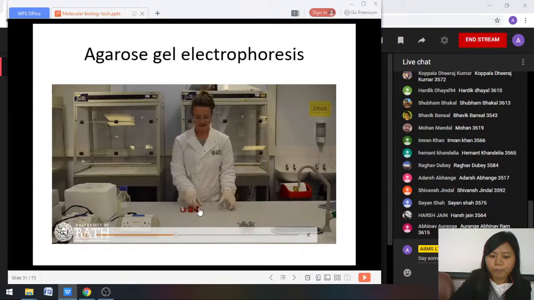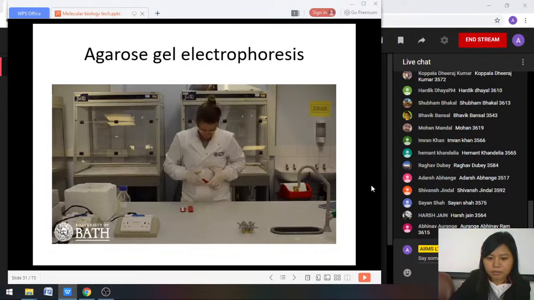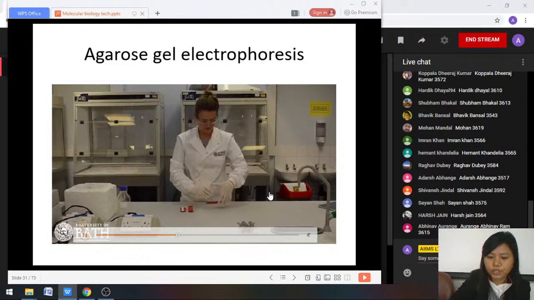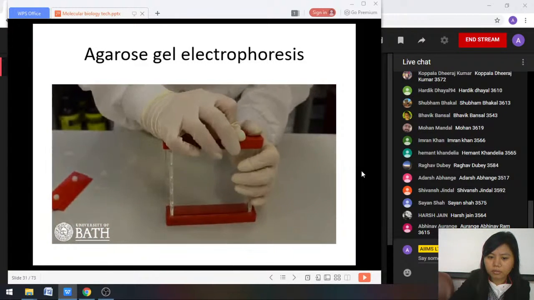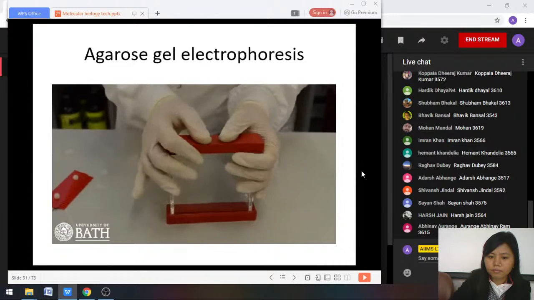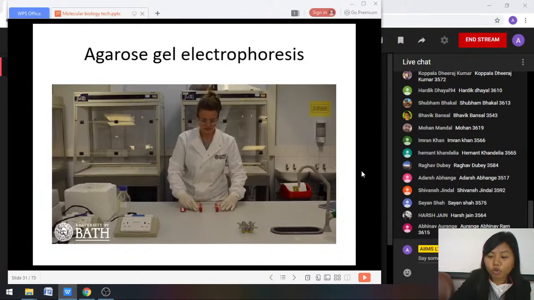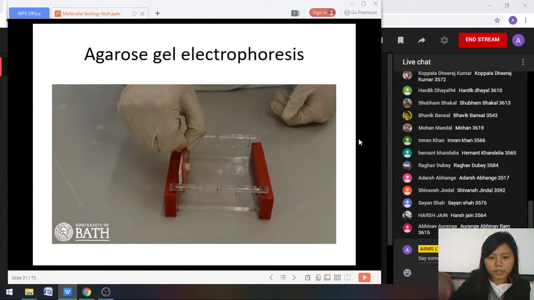So this molten agarose is now added into a gel tray. This is a gel tray, nothing but something where you can prepare a rectangular block. As it is still hot, you need to add it quickly, because it very rapidly cools down, and remember, it solidifies at room temperature.